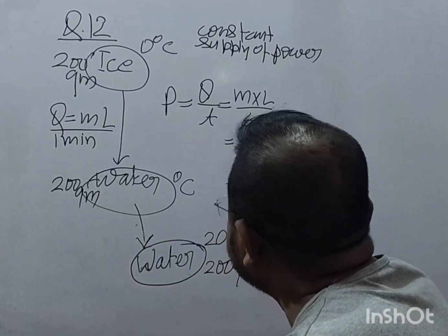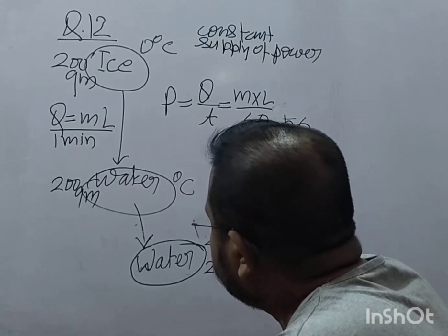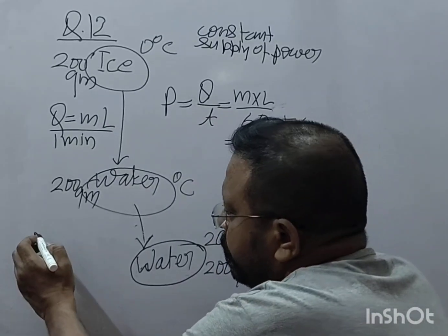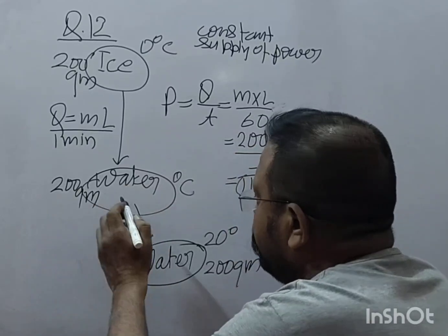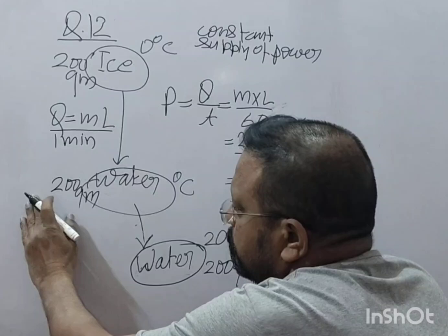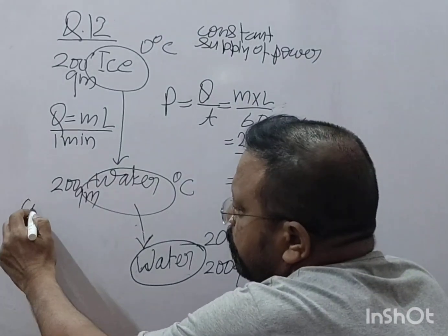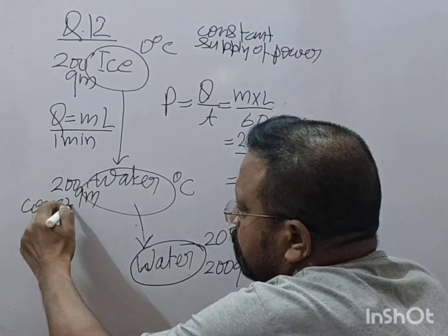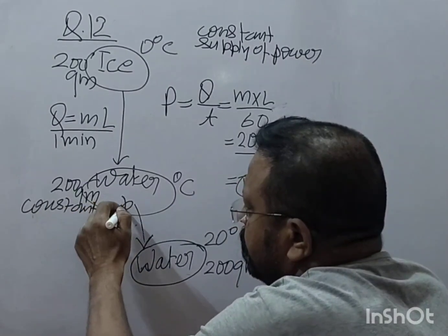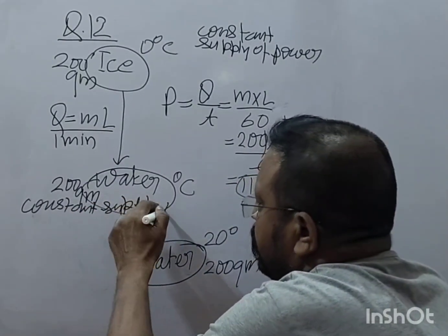Now for converting this 200 gram of water, power remains the same. Constant supply of power.